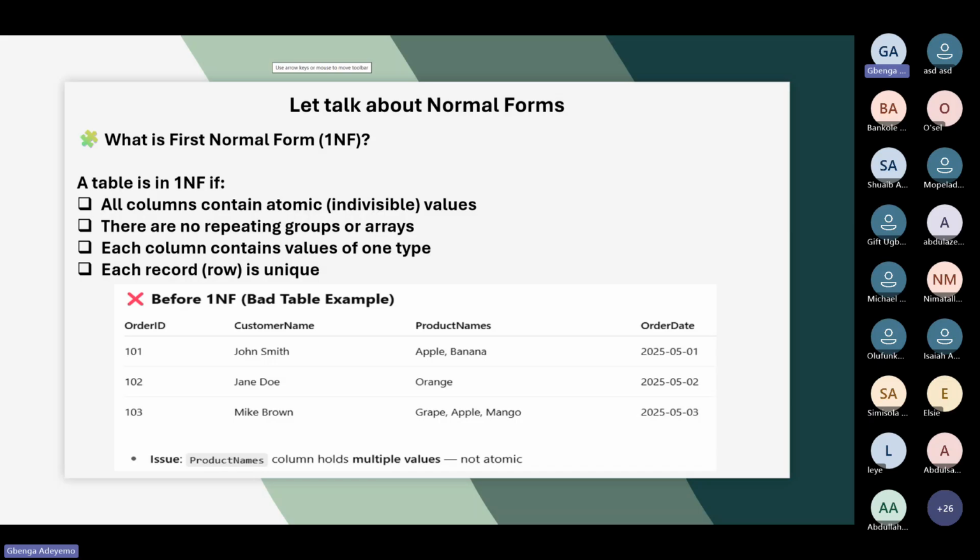Now, if you look at this table you are seeing on my screen, before one normal form was achieved, what did you see here? Look at the columns that we have there. We have the order ID, the customer name, the product name, and the order date. What did you observe about this table?